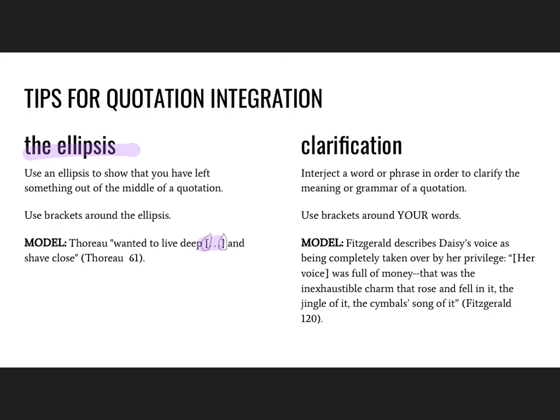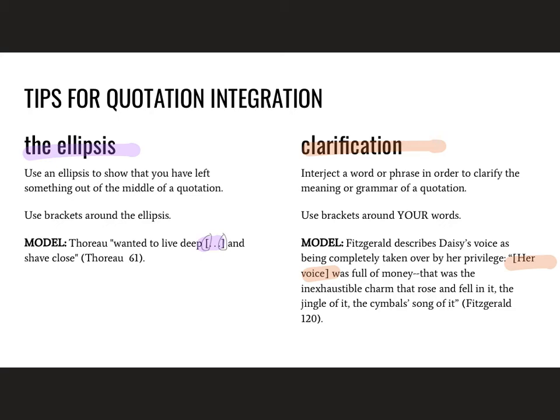Using brackets indicates that you, as the writer of the paragraph, have made a change or alteration to the original language of the quotation. We only want to do this when we absolutely have to. It's always best to leave the author's original language intact. We might also use brackets when we need to make a clarification.